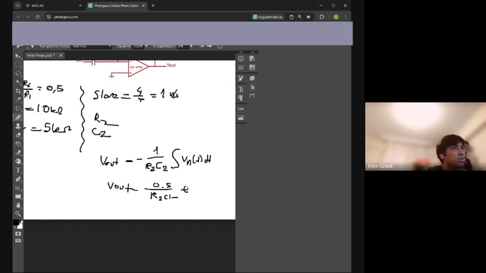When we do this, because V in equals 1, R2 C2 equals 0.5 seconds, as we choose C2 as 1 microfarad and R2 as 500 kilo ohm.